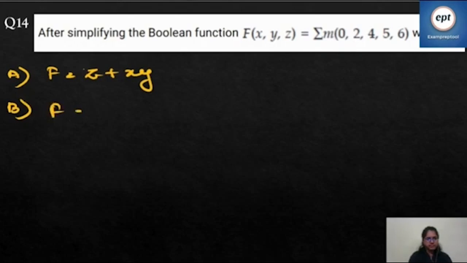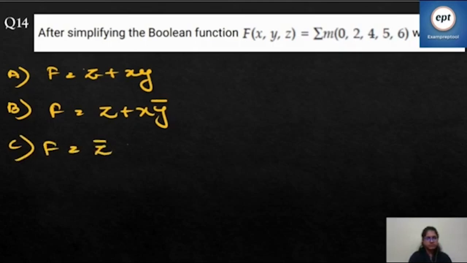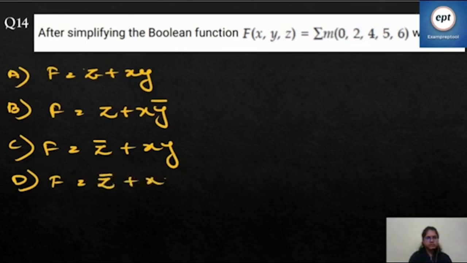Option B is f equals z plus xy bar. Option C is f equals z plus xy. And option D is f equals z bar plus xy bar. So these are the options given to us.